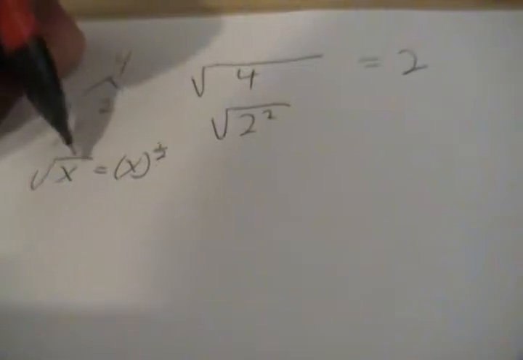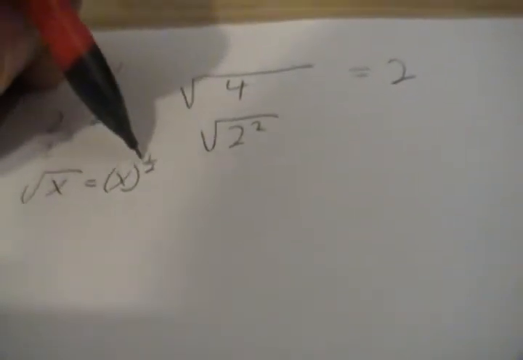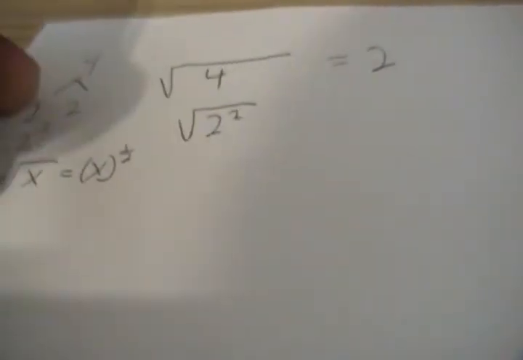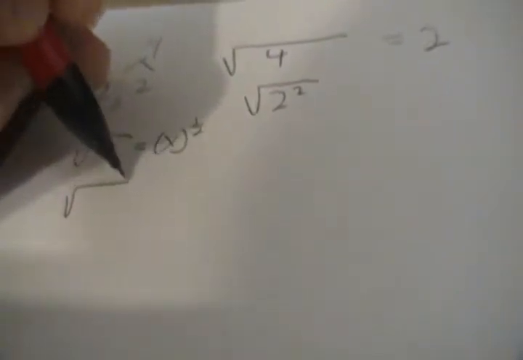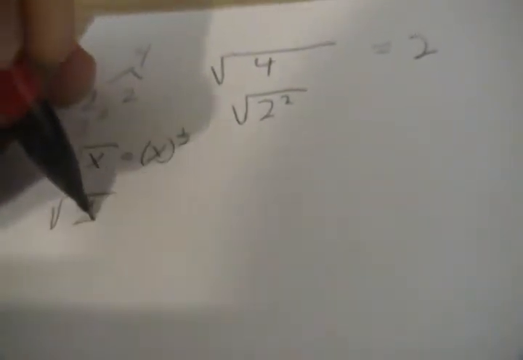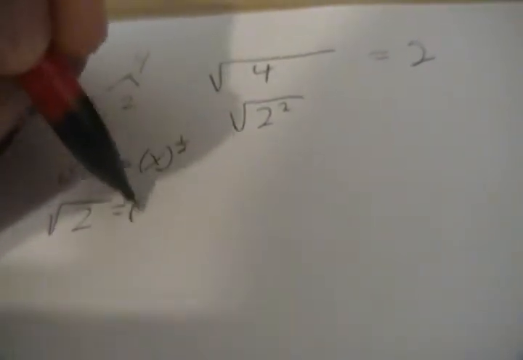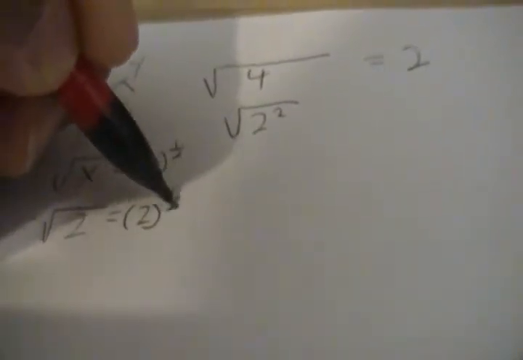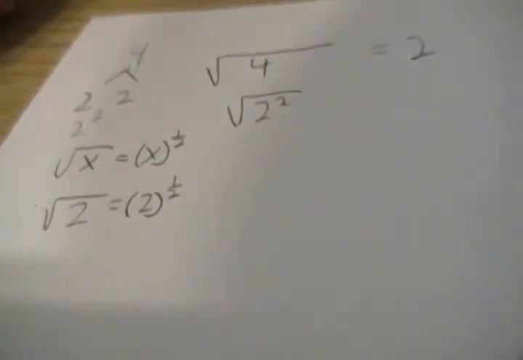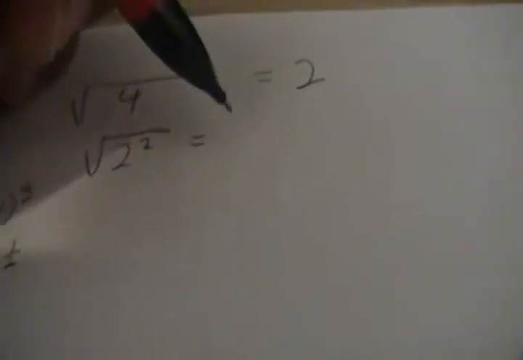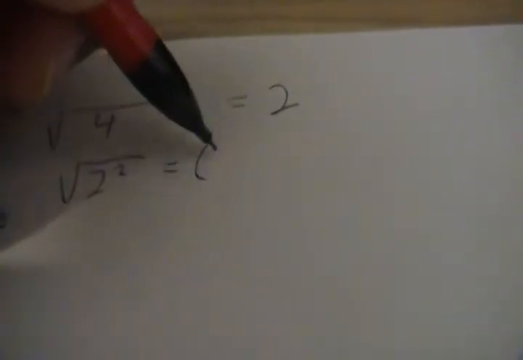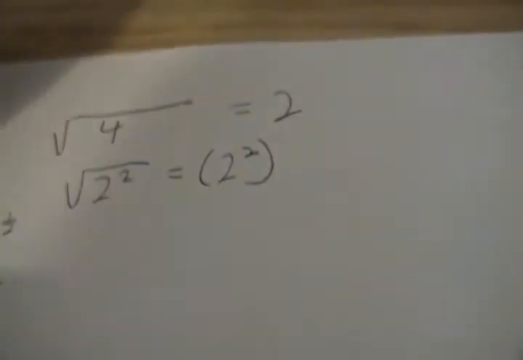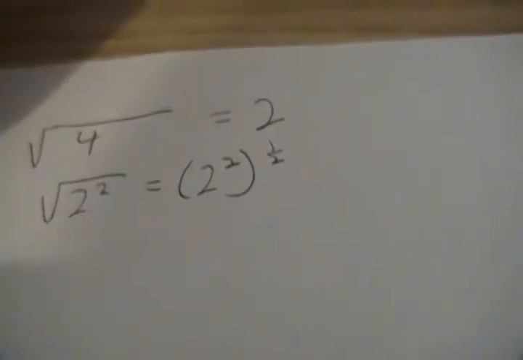So in other words, if we had the square root of 2, that's equal to 2 to the 1/2 power. So in this case, we have the square root of 2 squared, that's equal to 2 squared to the 1/2 power.